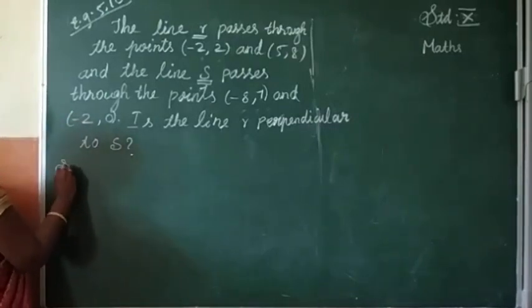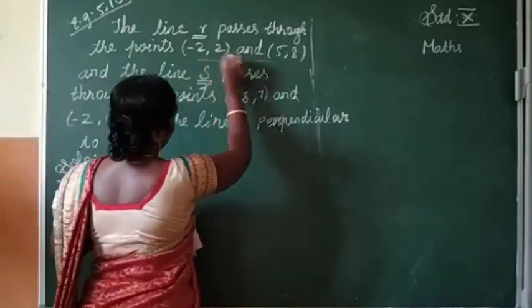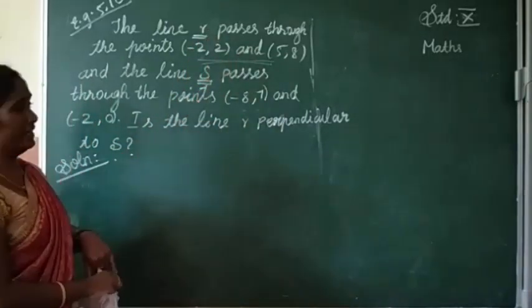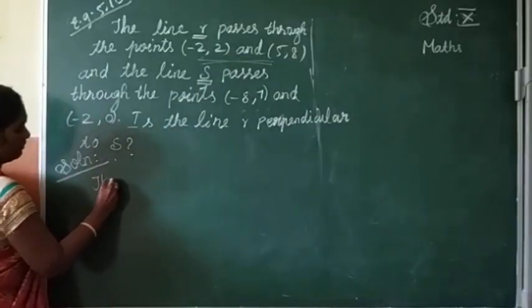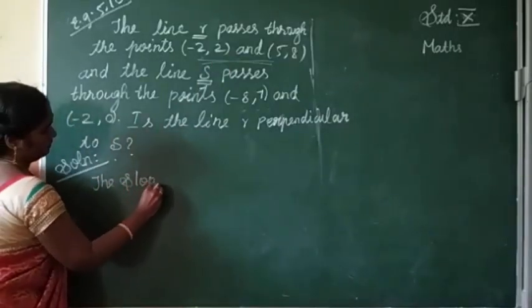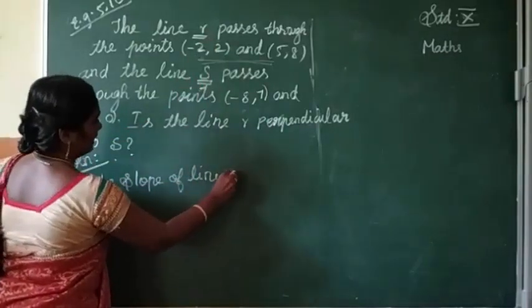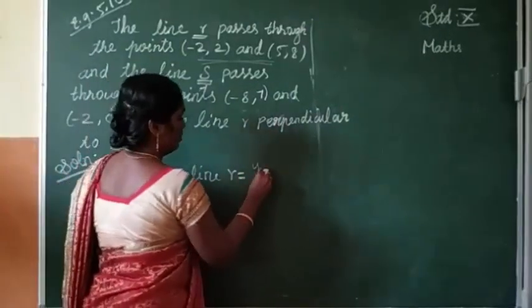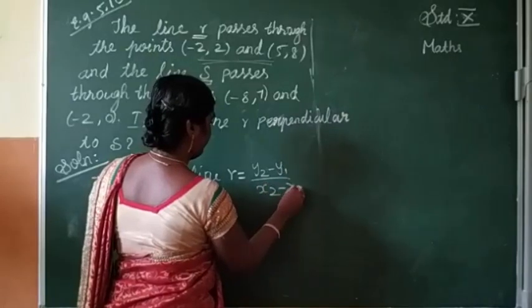So first write the solution. See, the line R passes through these 2 points. So I am going to find the slope for these 2 points. So first write the slope of line. The slope of line R is equal to, what is the slope formula for 2 points? y2 minus y1 divided by x2 minus x1.